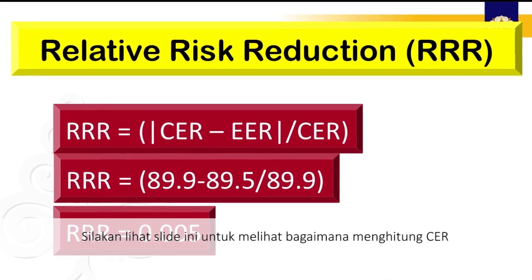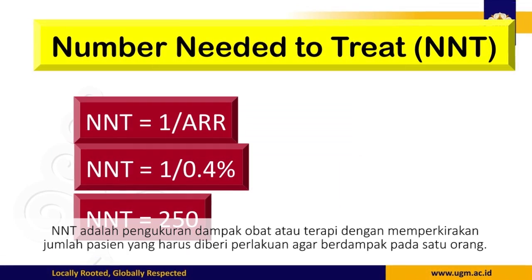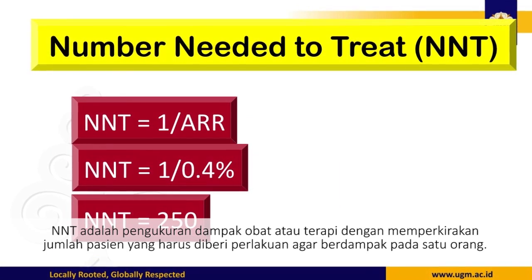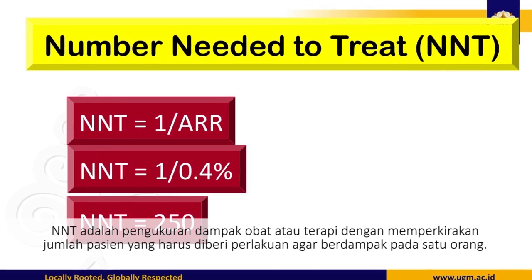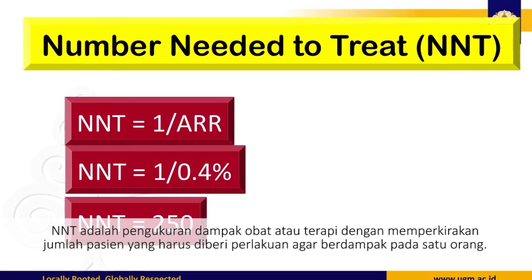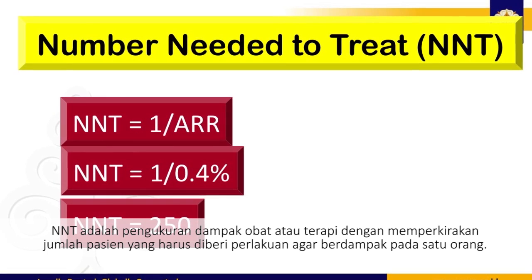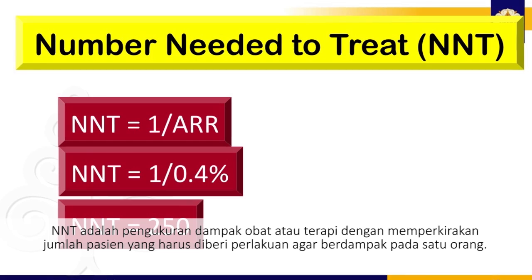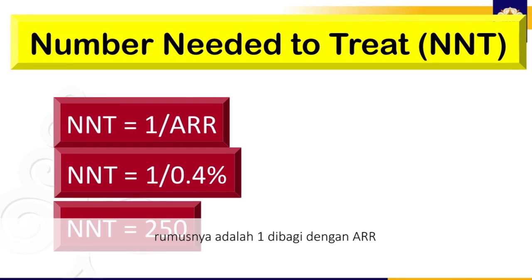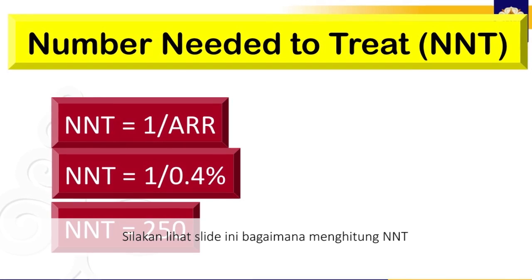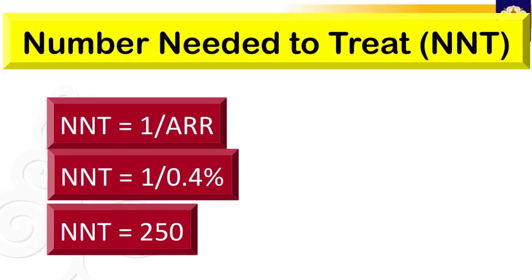Please see this slide how to calculate RRR. The NNT, or number needed to treat, offers a measurement of the impact of medicine or therapy by estimating the number of patients that need to be treated in order to have an impact on one person. The formula is 1 divided by ARR. Please see this slide to know how to calculate NNT.